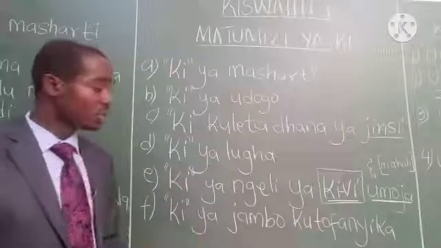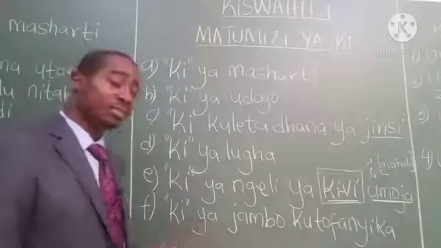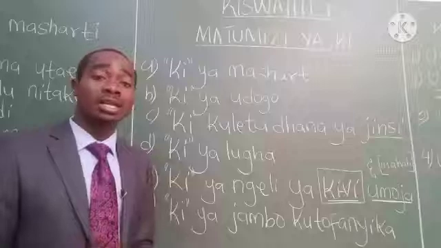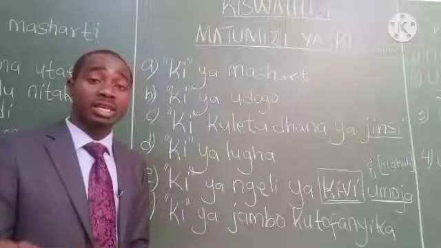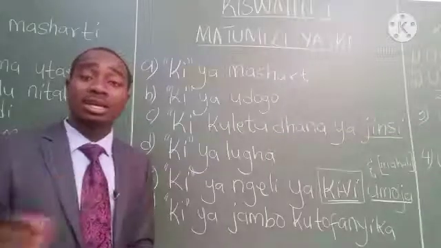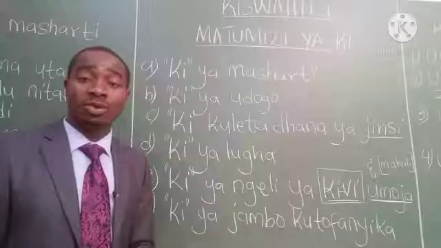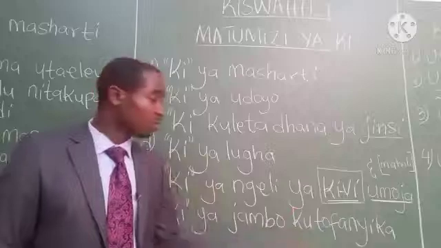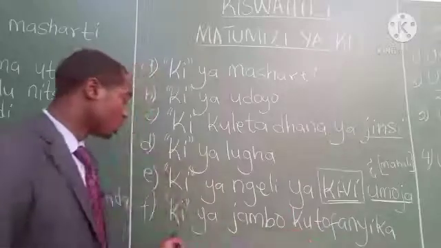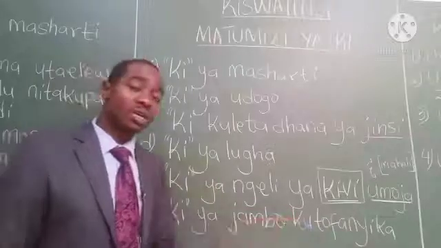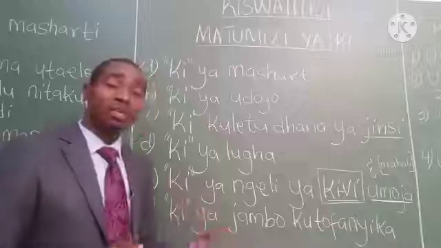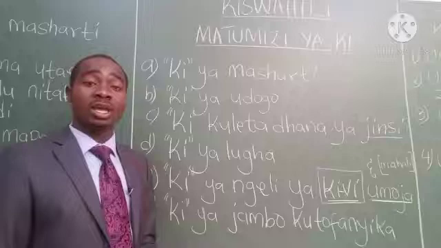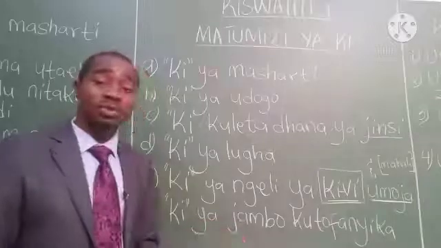You see? And if I say chakula hakiliki, that's the last key. Chakula hakiliki. The food is not eatable. And this one is undoable, something undoable. So ki ya jambo kutofanyika. Key to show something is undoable. Okay, and we also learn about this one.